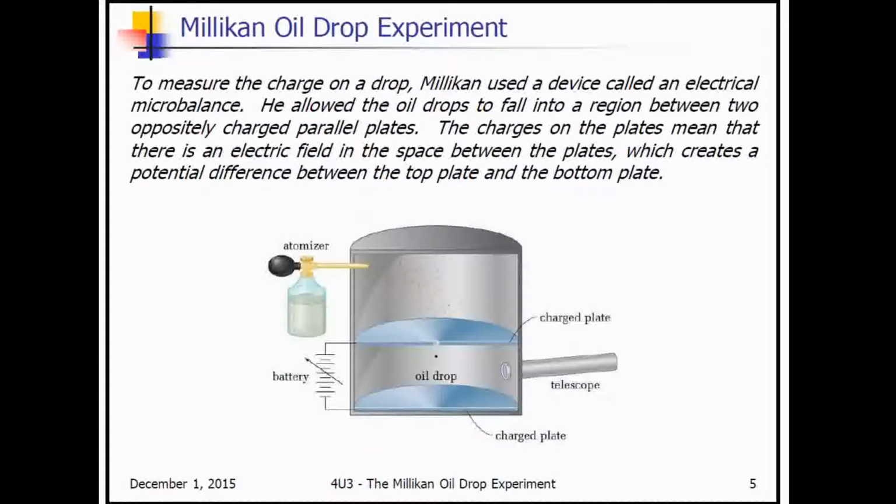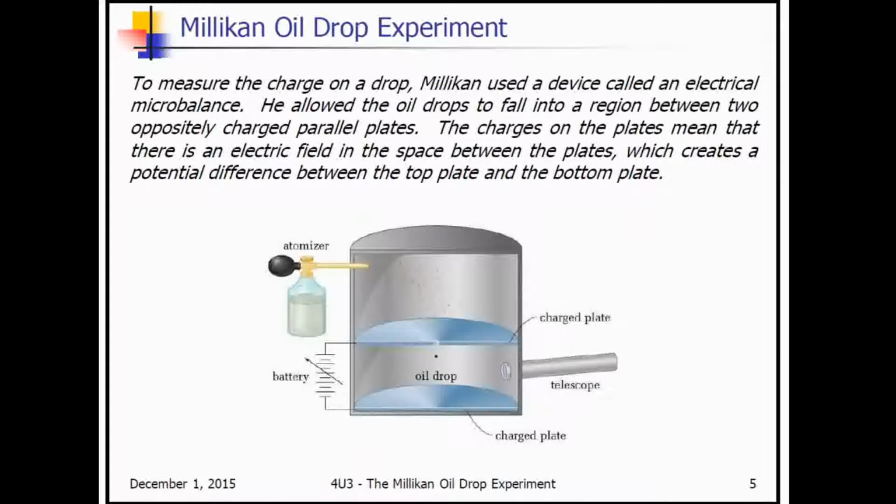And if we had a force of gravity acting on an oil droplet, it would be Fg equals mg. So he would determine the mass of the oil droplet based on the size of the sphere that it creates and the density of it.